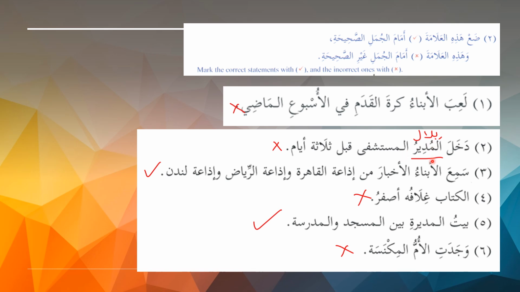Bilal, not the مدير. سمع الأبناء الأخبار من إذاعة القاهرة، إذاعة الرياض، and إذاعة لندن. Yes. الكتاب غلاف أصفر. No, the book was in the red cover. بيت المديرة بين المسجد والمدرسة. Yes. And وجدت الأم المكنسة. Who found the broom? Mother didn't find it, but Suad found it.